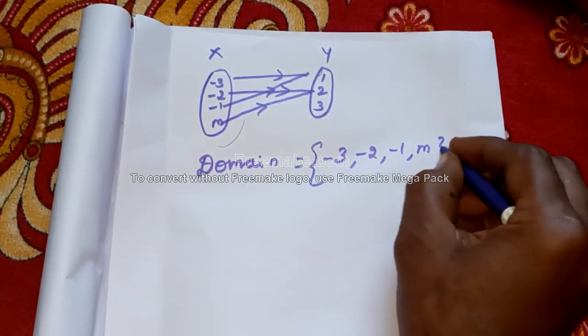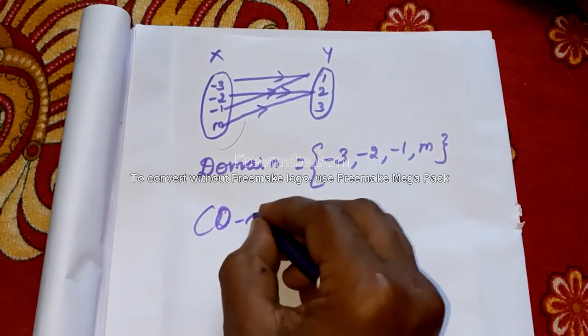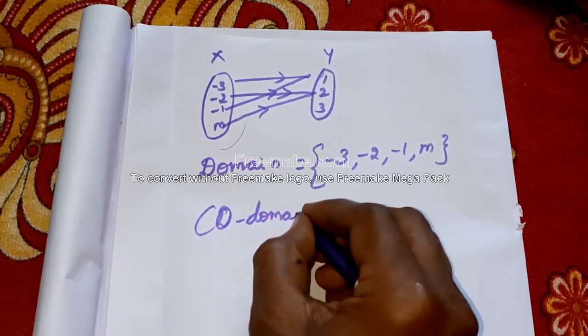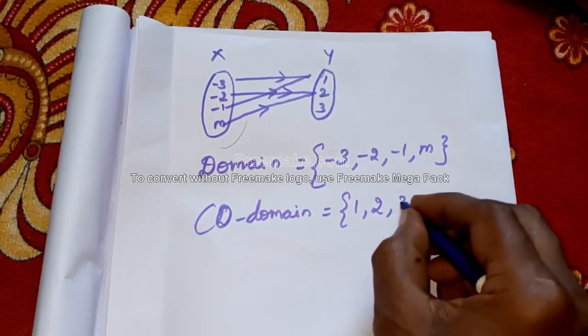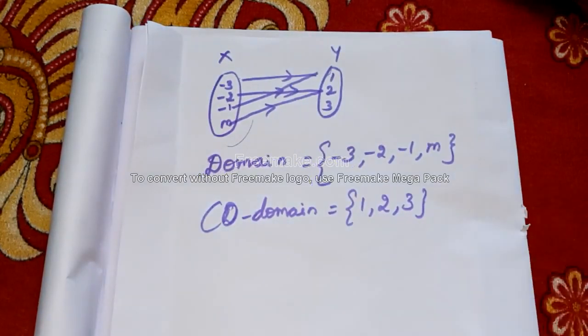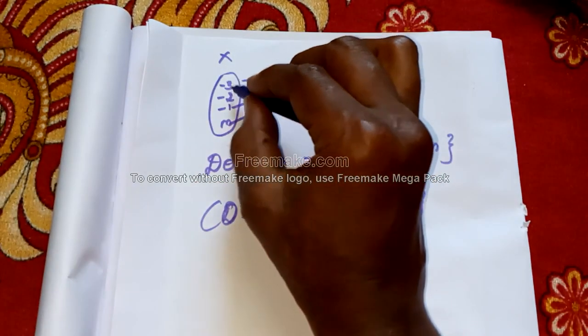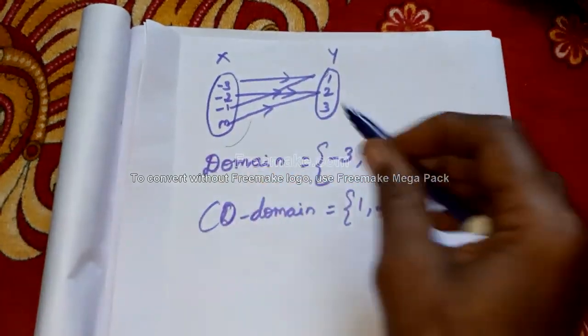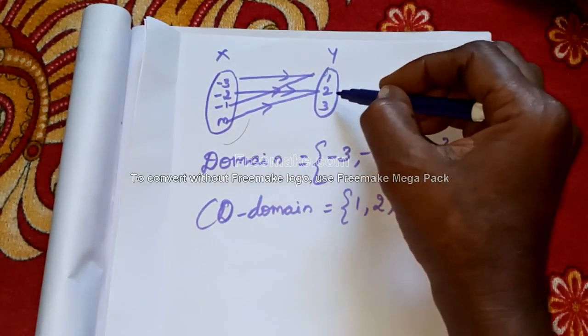Next, codomain is equal to {1, 2, 3}. Now every x belongs to x, that is -3, -2, -1, m belongs to x, so that is domain. Codomain is equal to {1, 2, 3}.